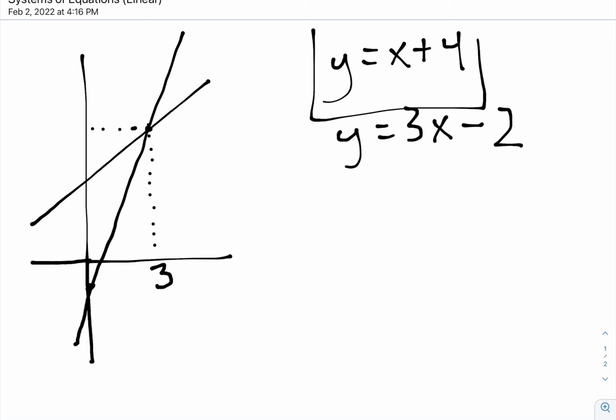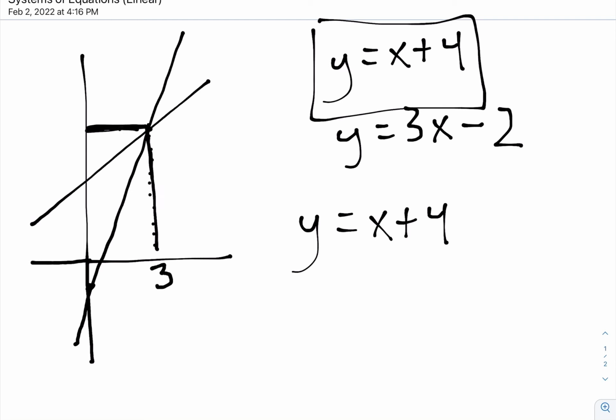In my mind, this one looks a bit easier. If y equals x plus 4, how could I find the corresponding y value when x is 3? For both of these equations, y is going to equal x plus 4 or 3x minus 2. Both of them will work. We're using x plus 4. So the y value, this unknown value right here, is going to be our x value, which is 3, plus 4.